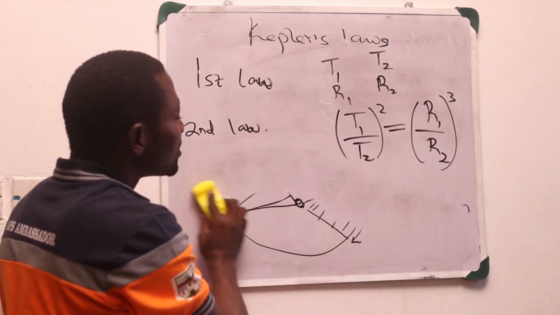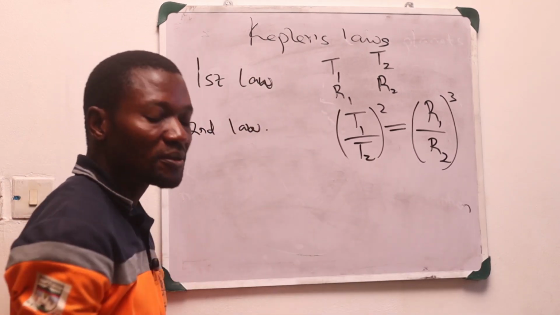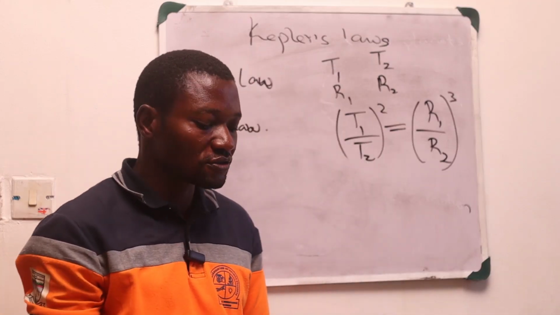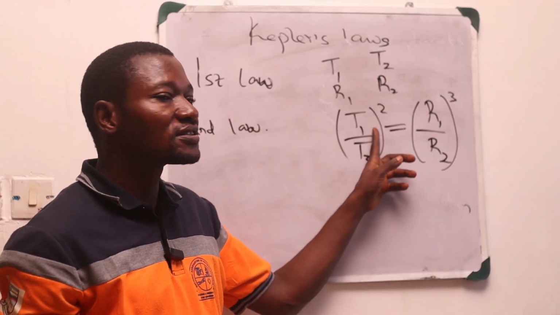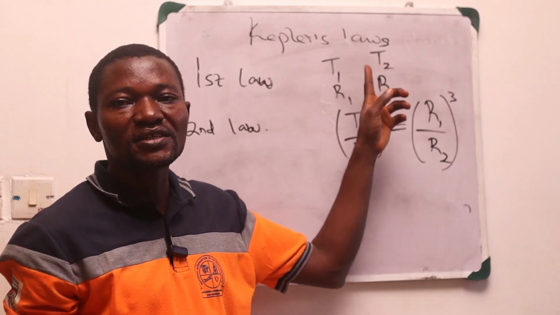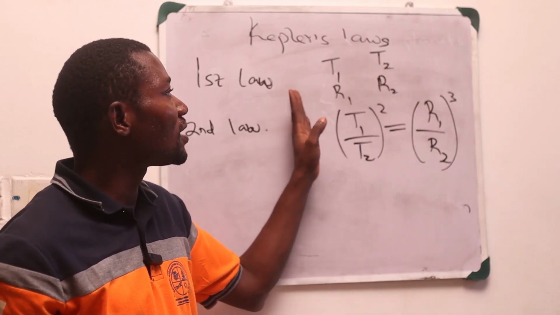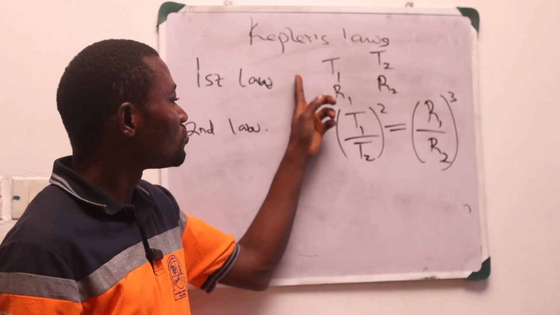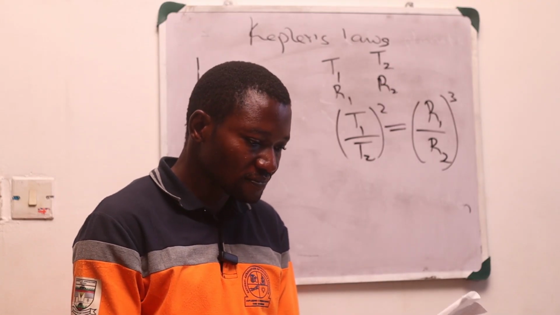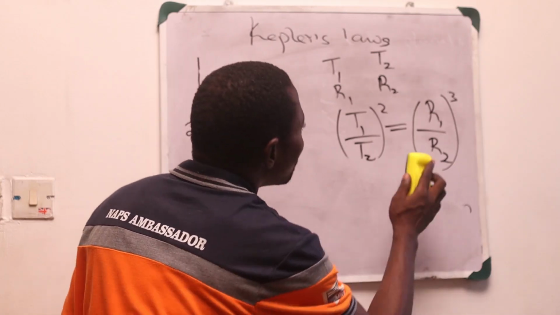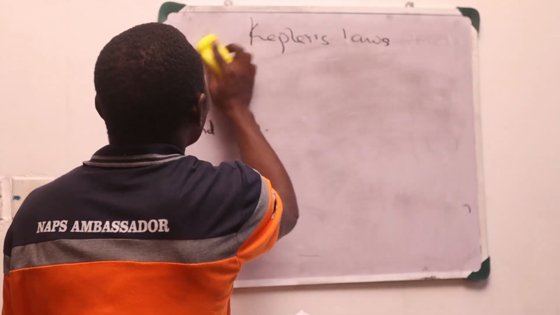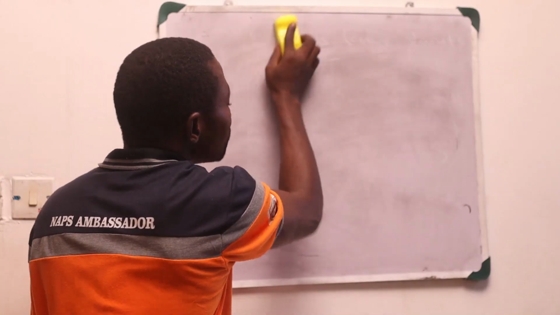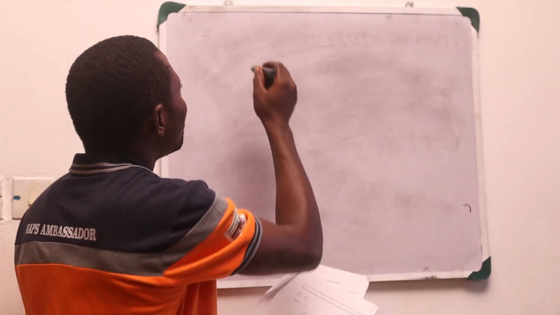So these are the three laws given by Kepler, and these laws help us to understand the motion of planets, the motion of celestial objects, and even the motion of satellites. Let's look at an example of how we use this third law to calculate the period.